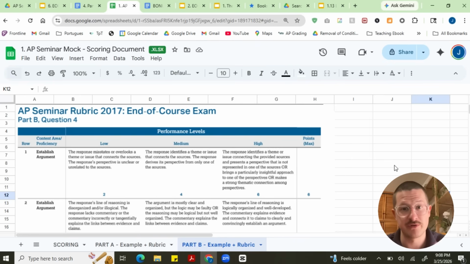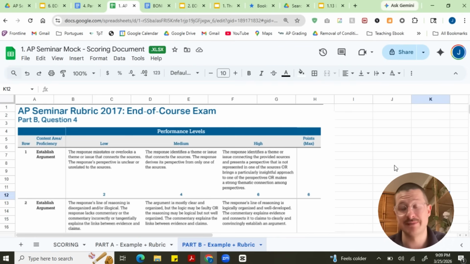The first row is worth 6 points and it's called Establish Argument. To earn 6 points, you have to do this. The response identifies a theme or issue connecting the provided sources and presents a perspective that is not represented in one of the sources, or brings a particularly insightful approach to one of the perspectives, or makes a strong thematic connection amongst the perspectives. 3 different ways to get that point.